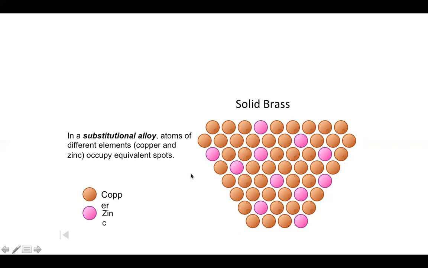Zinc, represented with the pink circles here, is replacing some of the copper atoms. It takes up equivalent spots as the copper. It's been substituted in for copper. So that's substitutional.